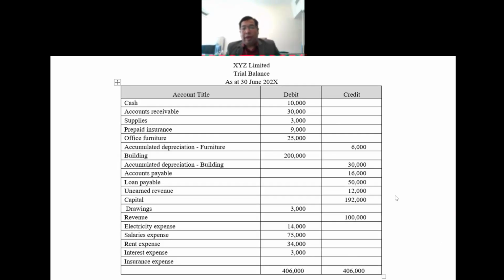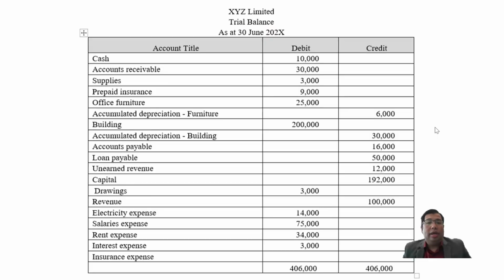You'll see that you have cash, 10,000, accounts receivable. This is an asset. Supplies, prepaid insurance, office equipment, so these are all assets. Building is also an asset. Accumulated depreciation for furniture is a contra asset account.